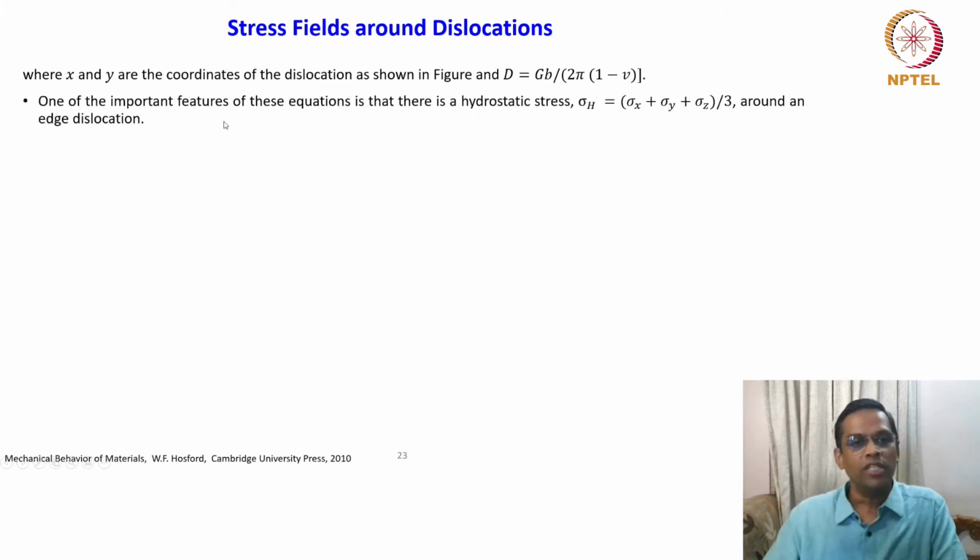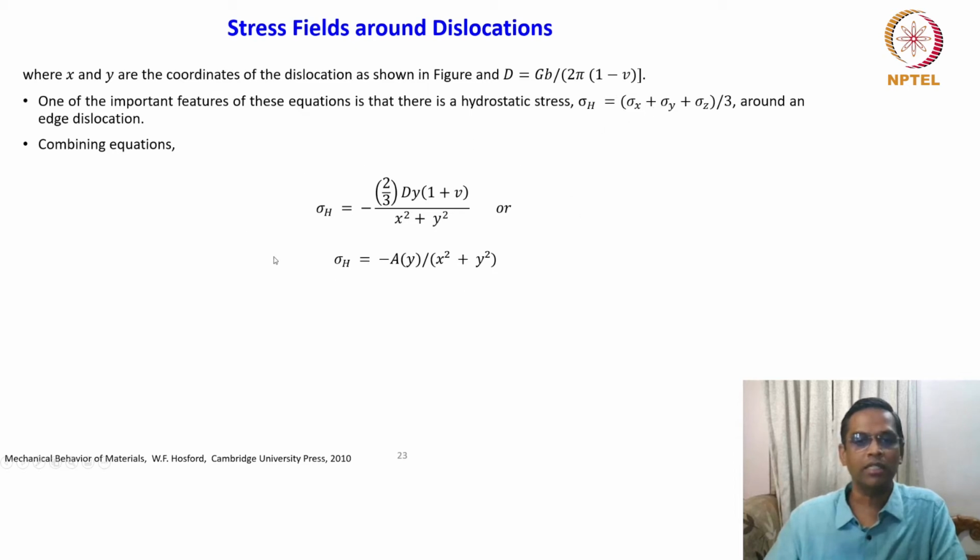One of the important features of these equations is that there is a hydrostatic stress, sigma h. This term you also know. In the earlier classes we have seen (sigma x plus sigma y plus sigma z) by 3. This is in Cartesian coordinates around an edge dislocation.